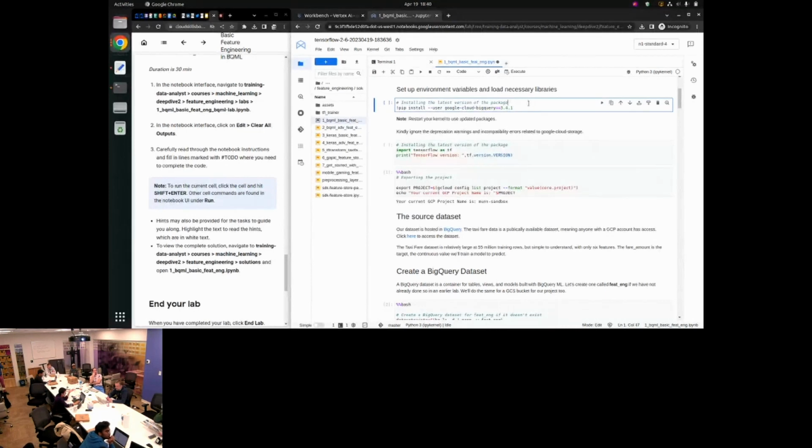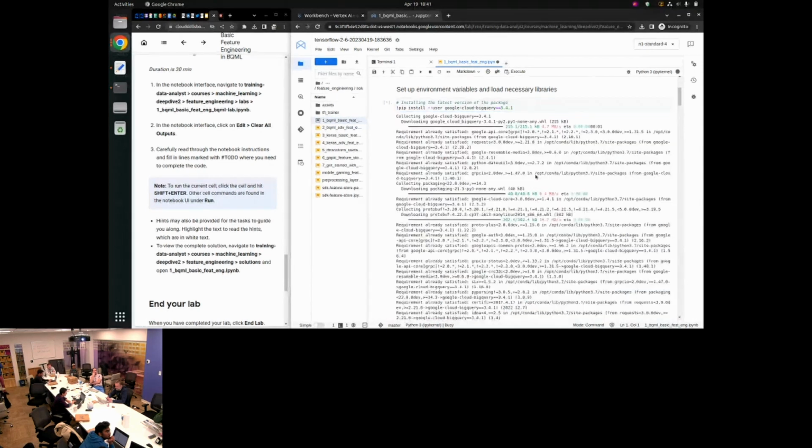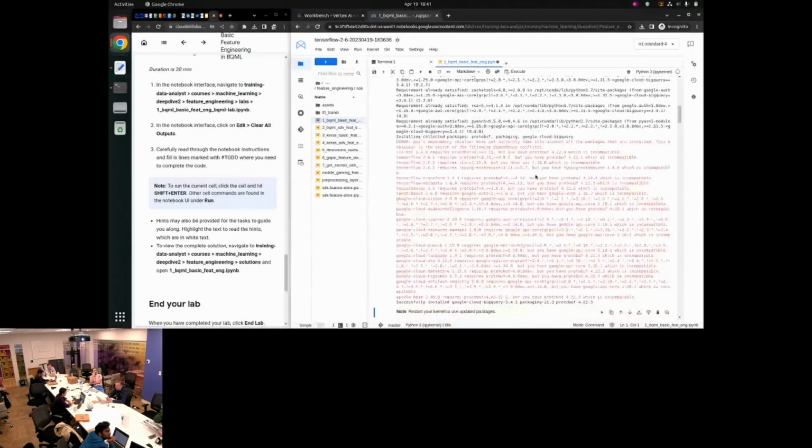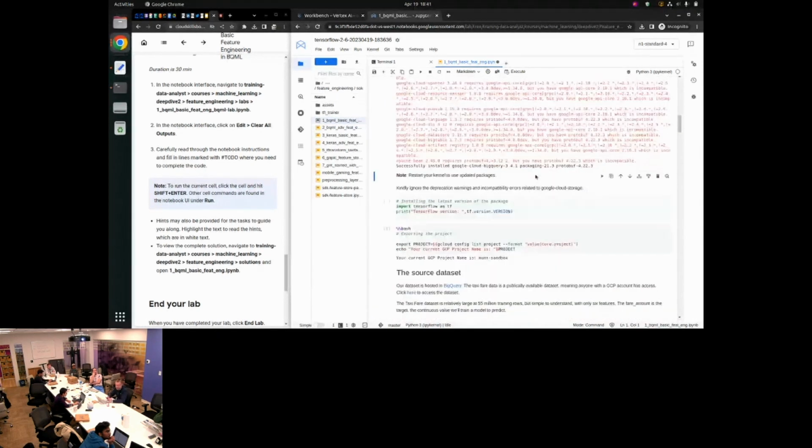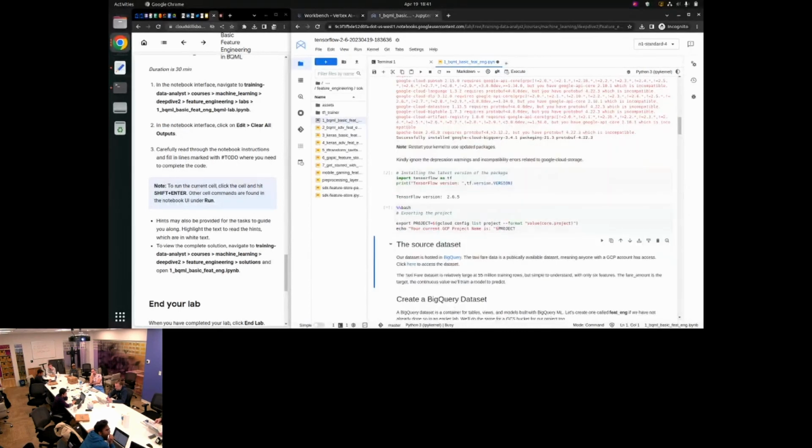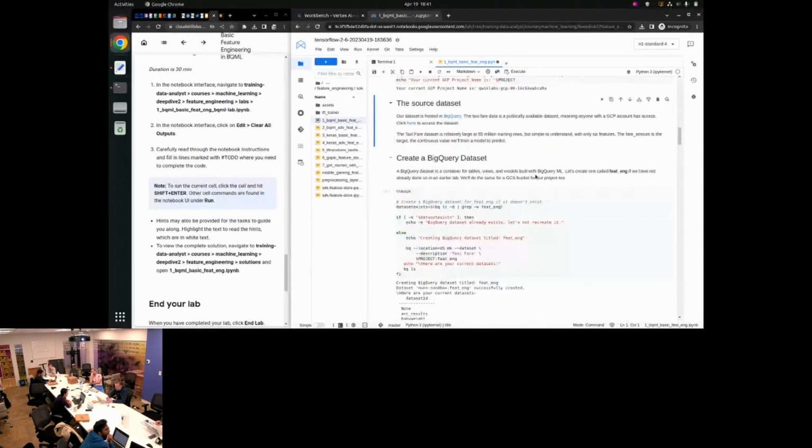The easiest way is to do Shift and Enter every time, if you're like me and you don't want to use the mouse. You are importing TensorFlow and checking for the project ID to get the data set. So those are not important. Let's get to the interesting part.